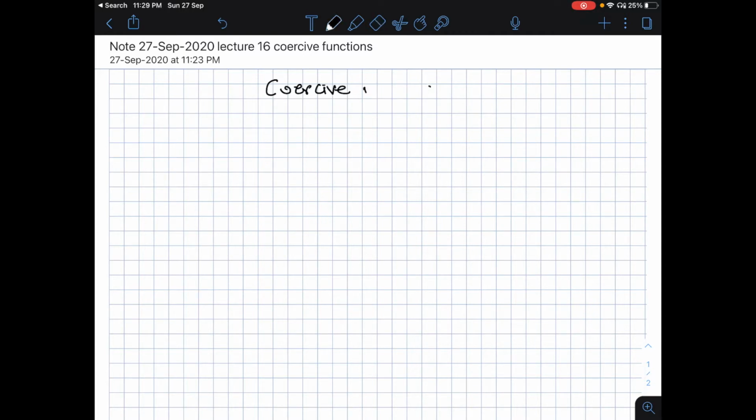So what is a cursive function? Let's first define it.